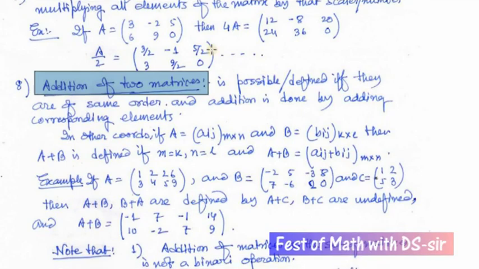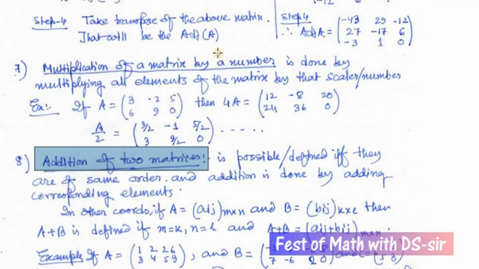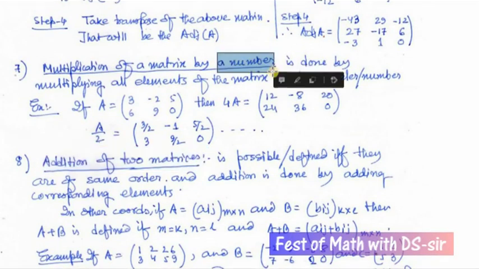Now notice that this is multiplication of a matrix by a number. Multiplying a matrix by a number and multiplying a determinant by a number have different processes. In the case of a determinant, what did we do? We multiplied a single row or single column with that number.